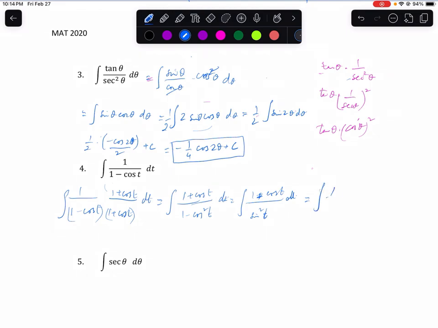So we split 1 over sine square t minus cosine t over sine square t dt, which can then be written as, the first one is cosecant square t minus, the second quantity, this can be written as cosine t over sine t times 1 over sine t.